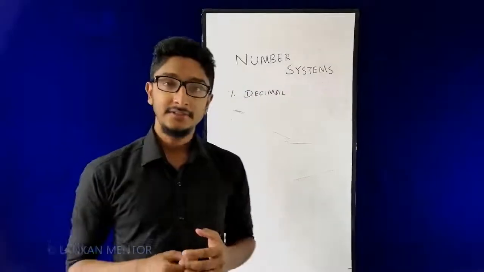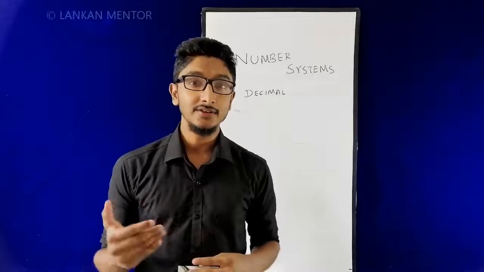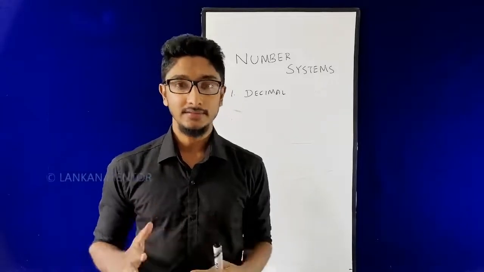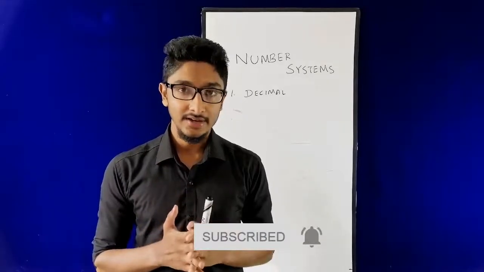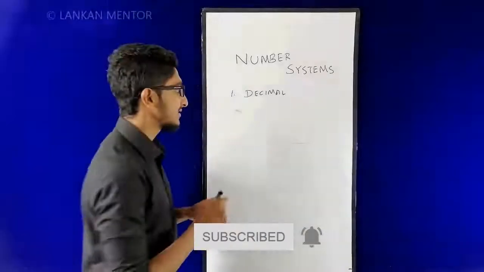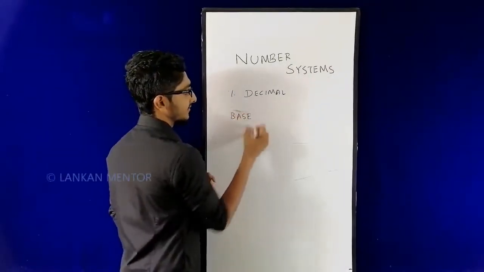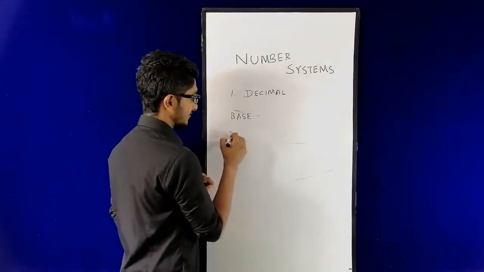Decimal number system, as I told you earlier, is whatever number we use regularly. Now for each and every number system, there are two things you have to remember: its base value, and the digits used.